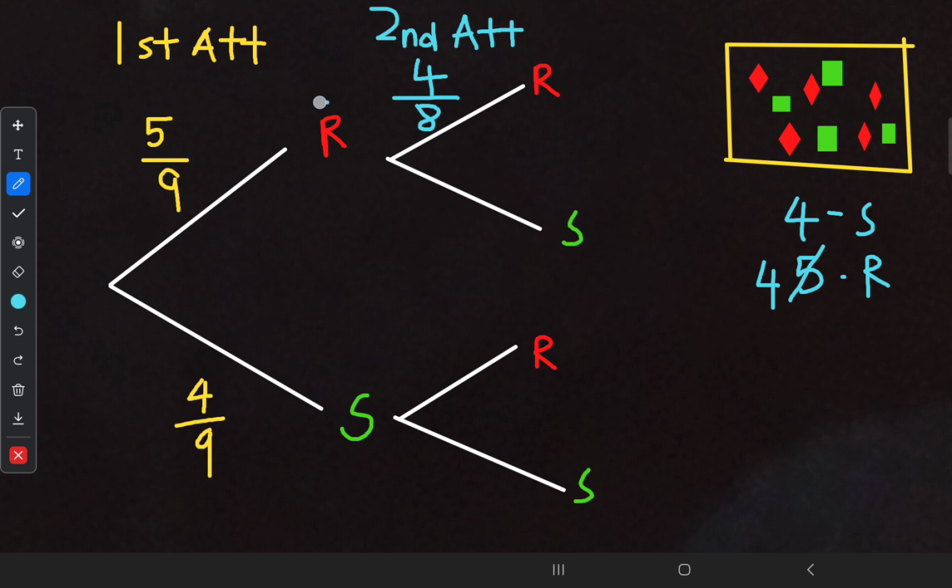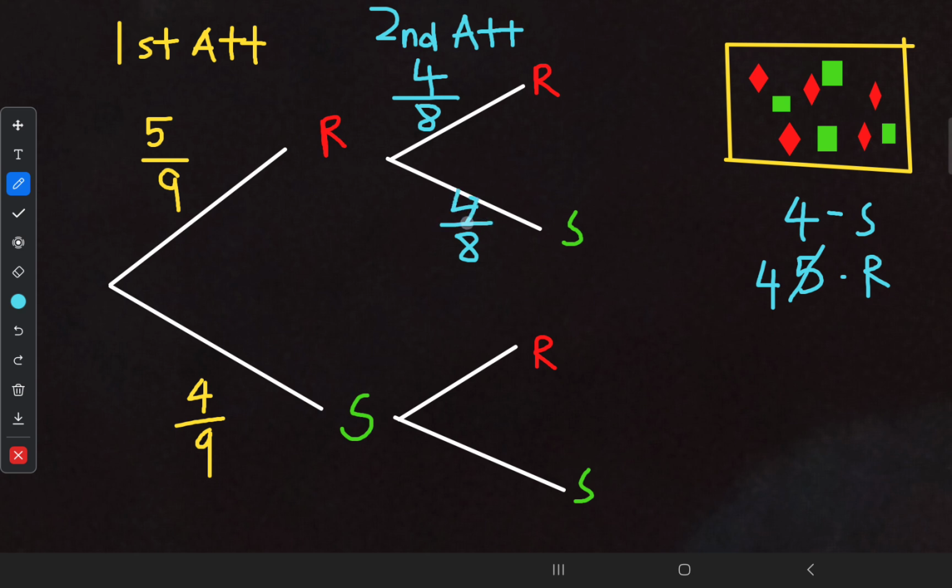Here in your first attempt you have selected a rhombus. You have your rhombus with you, so there are 8 remaining objects inside that box. Then how many squares in 8? You have selected your rhombus, so there is no change in the square count.